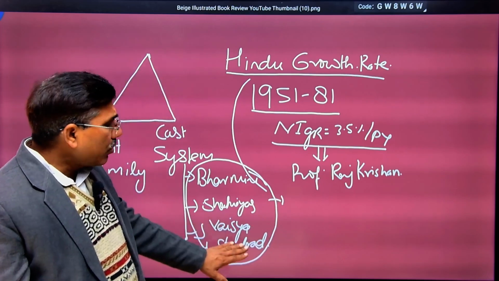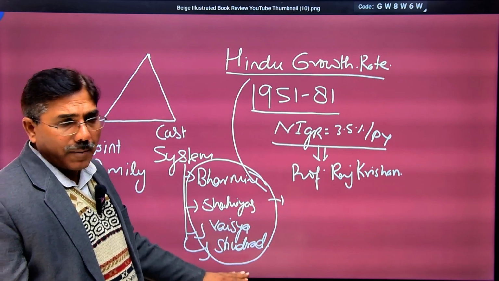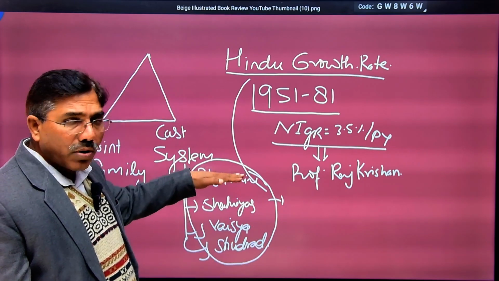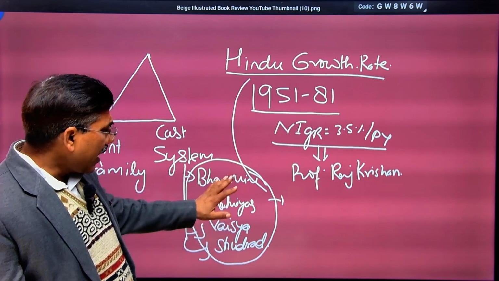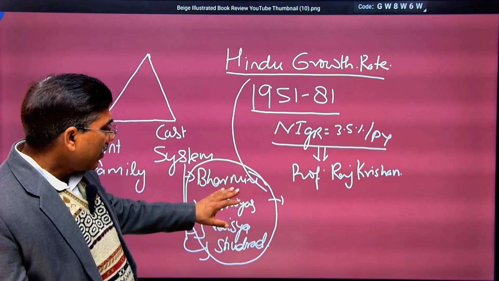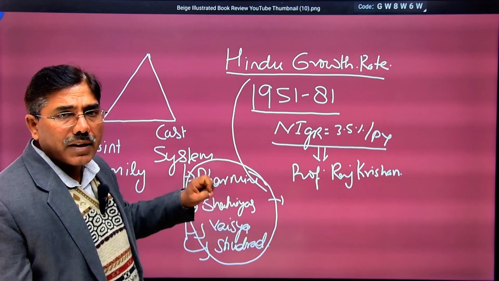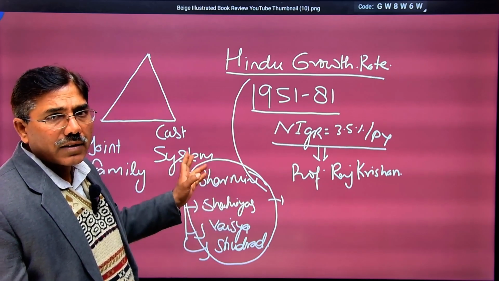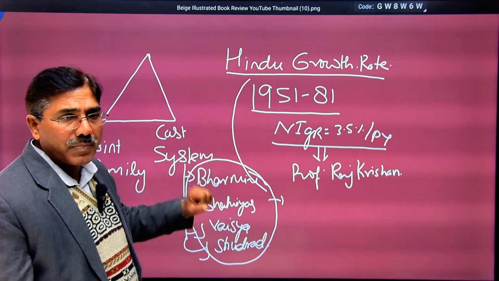It means Shudras had to do their Shudra responsibility, service, etc. Brahmins had their own responsibility, teaching, etc. It means this caste hierarchy was more constant, more rigid, and lacked mobility. It was responsible for what? The low growth rate of our national income during this period.